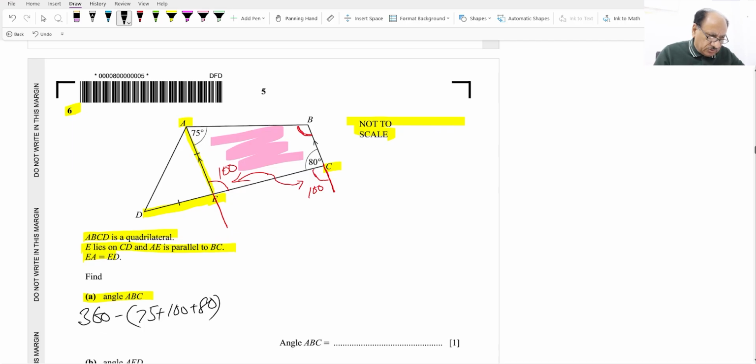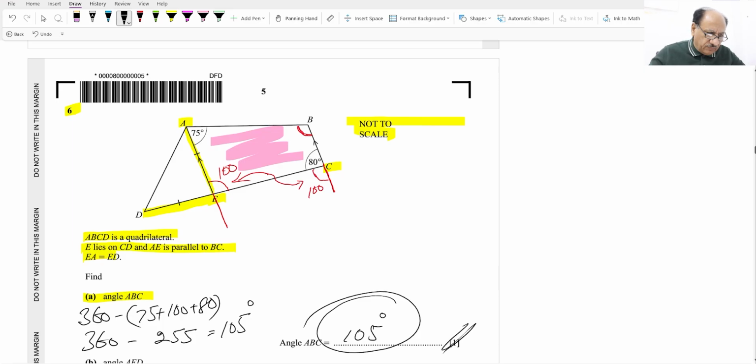So this will be 360 minus, this will be 180, plus 75 will be 255. So it will be 105. 105 will be the angle. So 105 degrees, and this is for 1 mark which we have done.